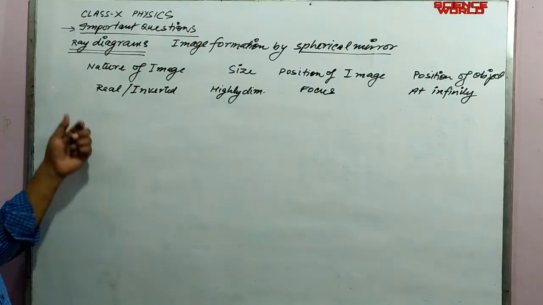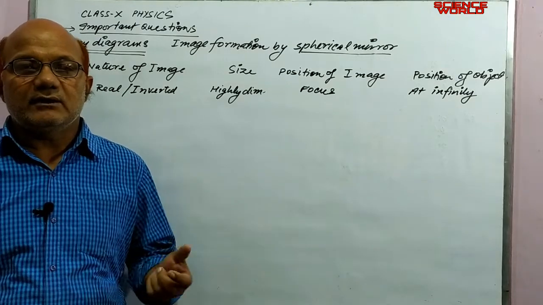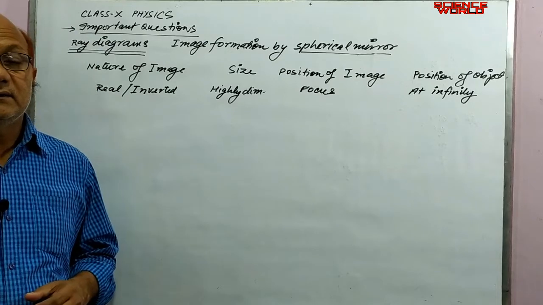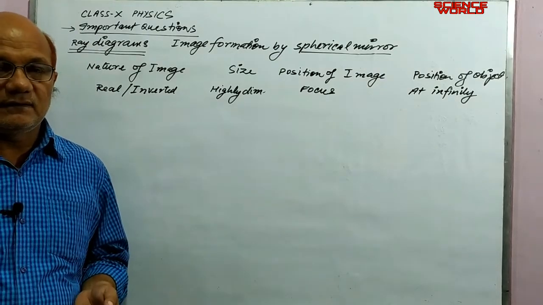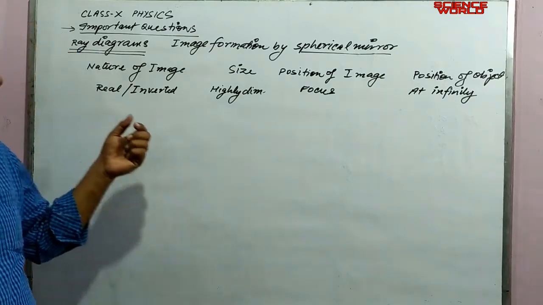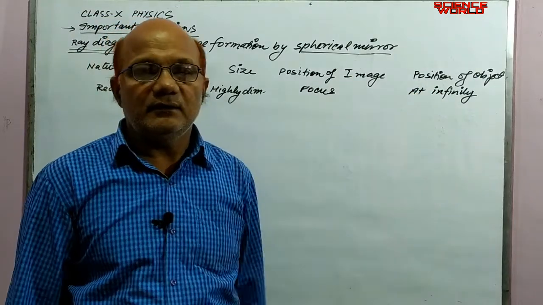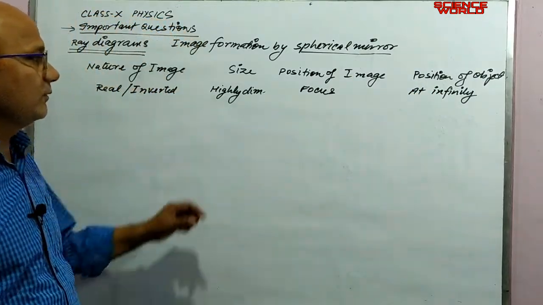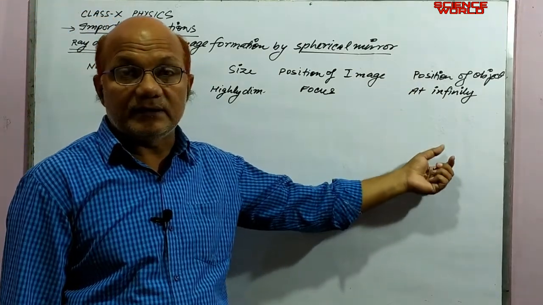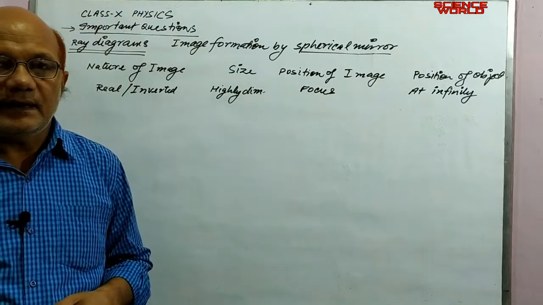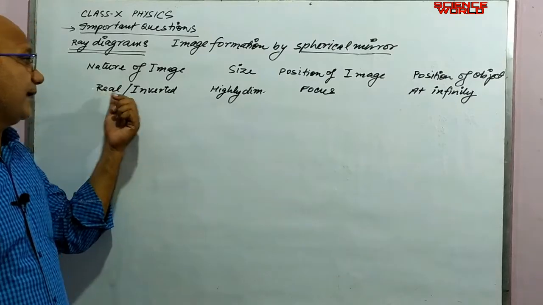So, if the question is where you place the object in front of concave mirror to get real image of highly diminished, so you can very easily find out the position of object. The object will be at infinity. Okay. So, you keep remember that when object is at infinity, the image will be at focus and its nature will be real and inverted.